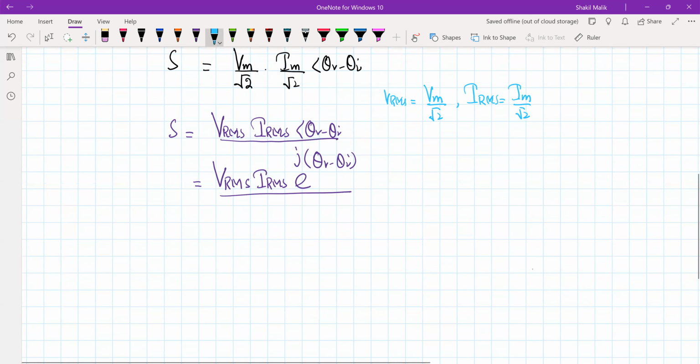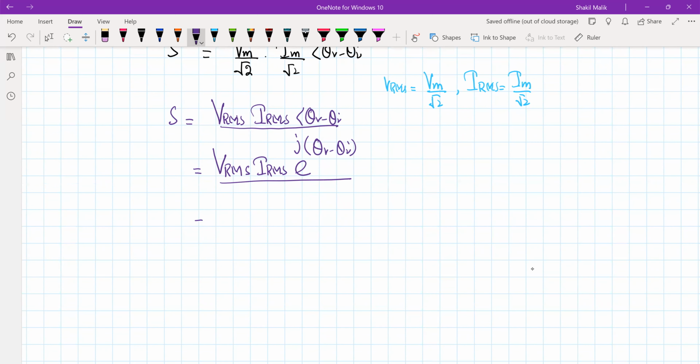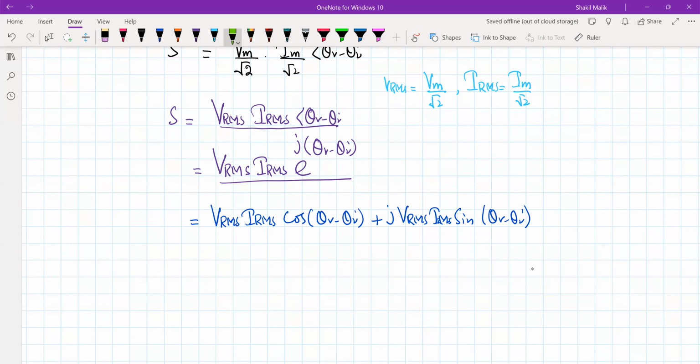Now, from the Euler form we can express it like this: VRMS IRMS cos(theta v minus theta I) plus j VRMS IRMS sine(theta v minus theta I), because we know e to the power of j theta is simply cos theta plus j sine theta.